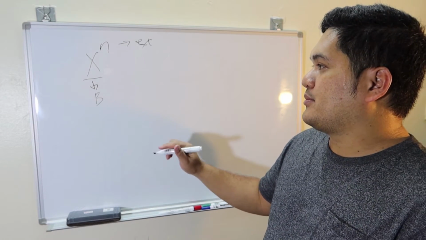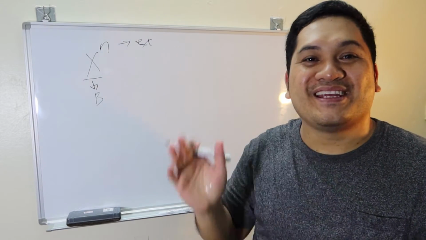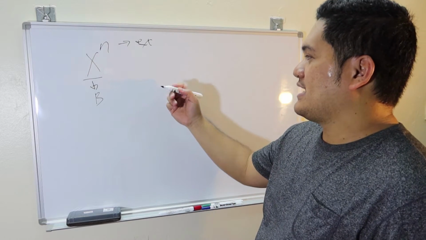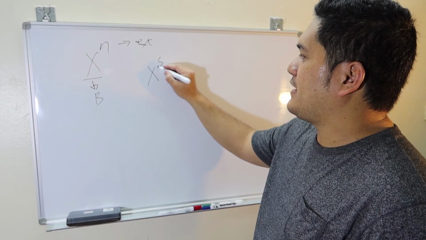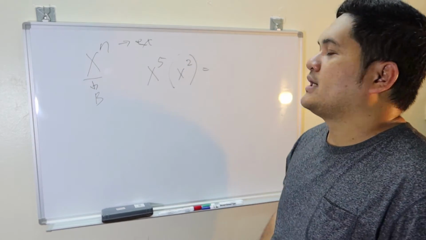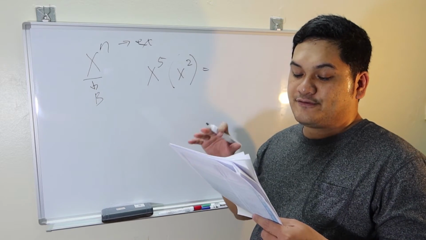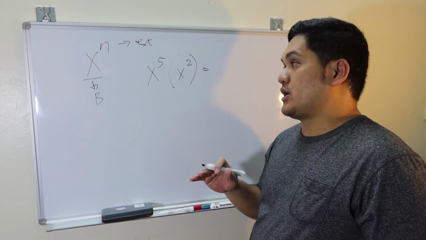Let's have this example. Pag sabihin natin pareho ang base, pareho sila. For example, x raised to 5 times x raised to 2. Ano daw ang gagawin mo dyan? Ang gagawin mo lang dyan is, you just have to add the power.